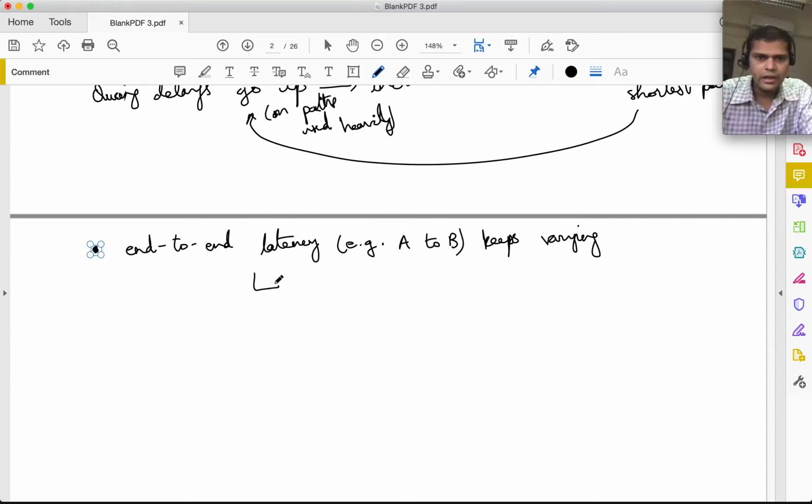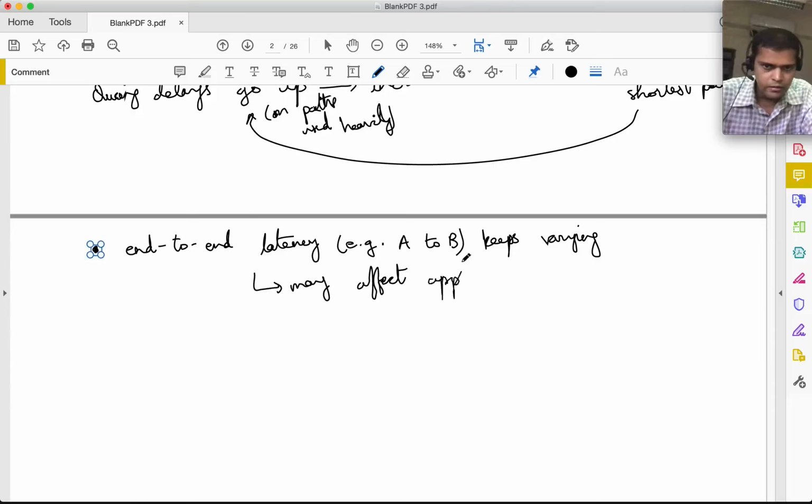And so applications sending packets from A to B will see very varying amounts of latency, so that may or may not be good. So it may affect the application layer performance.